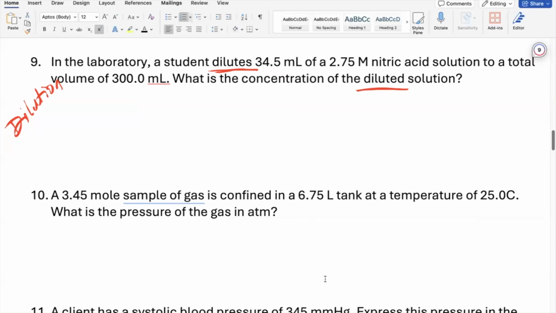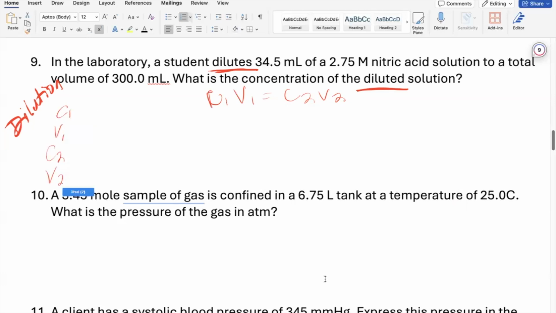The dilution equation is C1V1 equals C2V2, and we want to make sure we're in the same units on each side, which looks like it's not going to be a problem. How I like to solve these is to set up all the variables that are given to me in my equation.